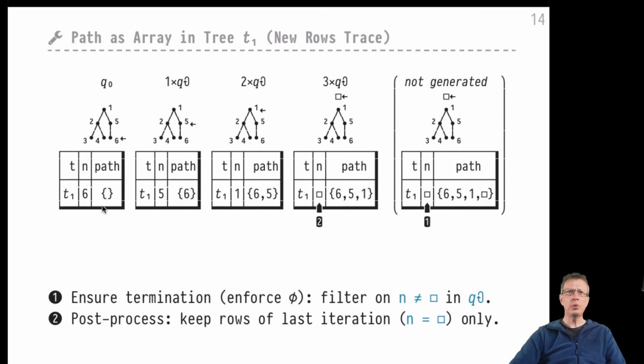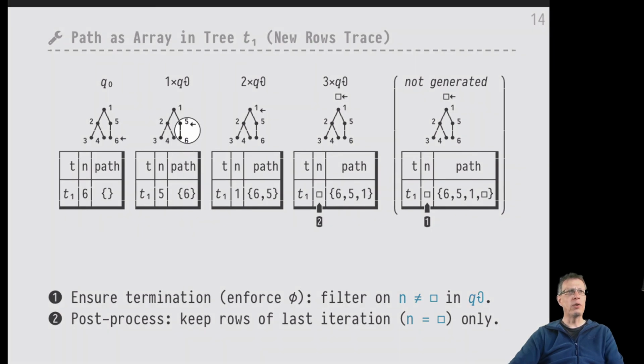In the next recursion step, we would add the node that we have reached so far to our path, and then use the parents information, the parents array, to move up in our tree traversal, from node 6 to node 5. This is indeed node 5 that we have found here.